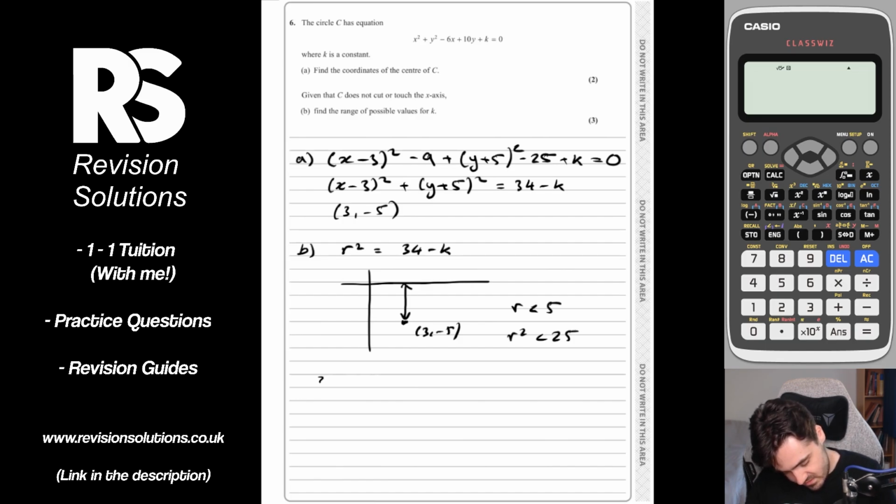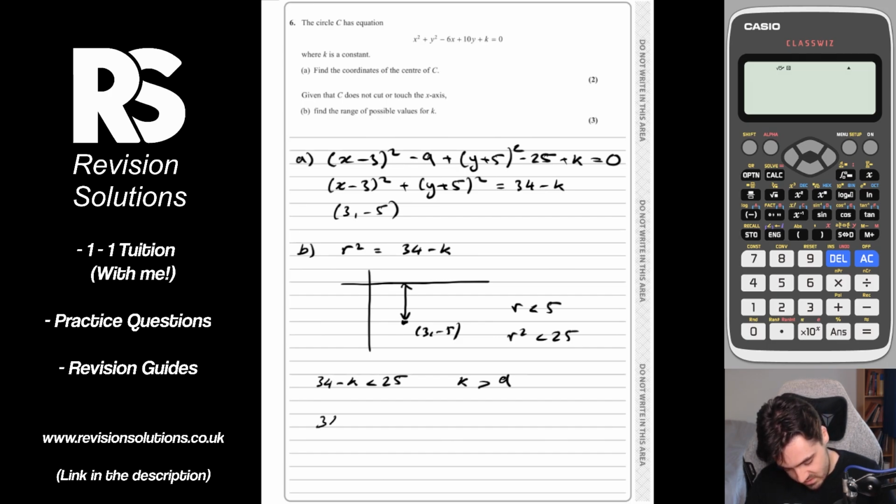So we know that 34 minus k then must be less than 25, meaning that k must be greater than 9. But another restriction that applies to any circle is the radius has to be bigger than 0. So let's see if that leads to anything interesting. So if the radius is bigger than 0, that means the radius squared is also bigger than 0.